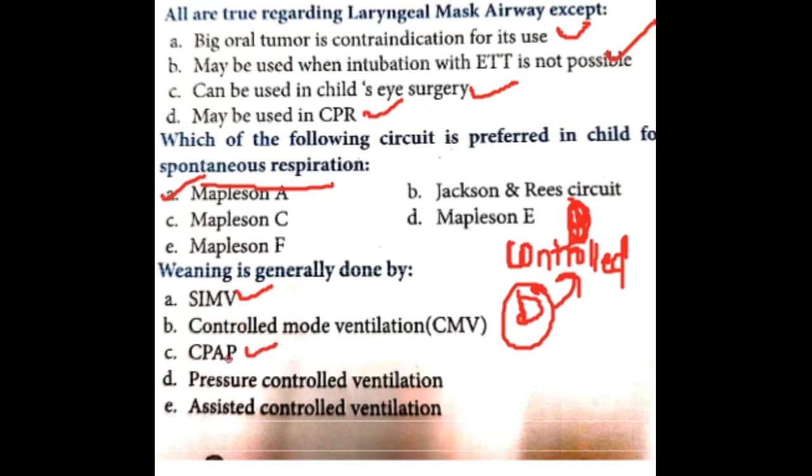In pressure controlled or volume controlled or controlled mode of ventilation, you are controlling the respiratory rate or you are controlling the pressure. In such conditions you are giving the patient the required amount of pressure and respiratory rate externally, so in these methods weaning is not possible. Weaning is only possible with synchronized intermittent mandatory ventilation, or with continuous positive airway pressure ventilation.